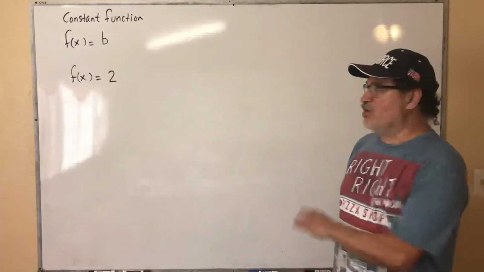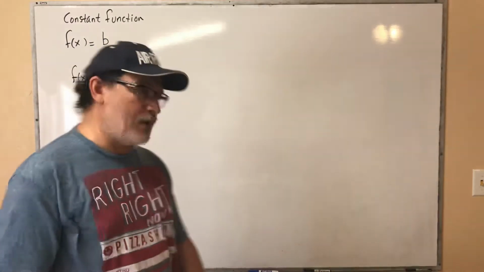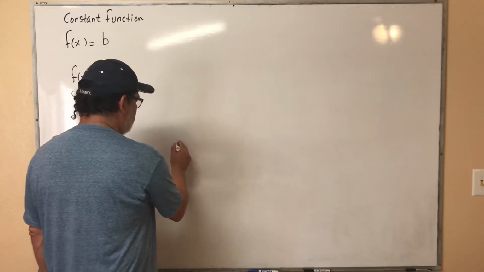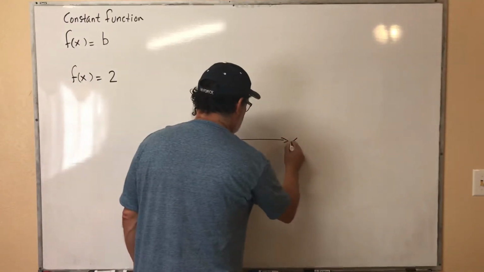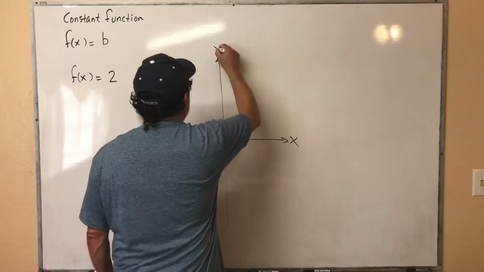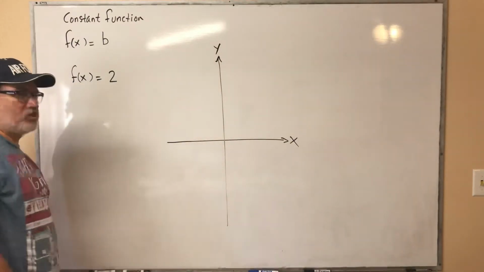Okay? And so therefore, we can graph this constant function. Yes, we can. And so therefore, we go to the x-axis and the y-axis, and we graph f of x equals 2.